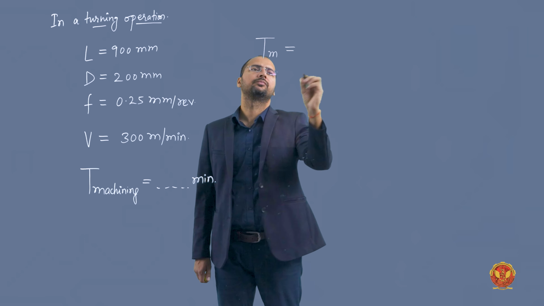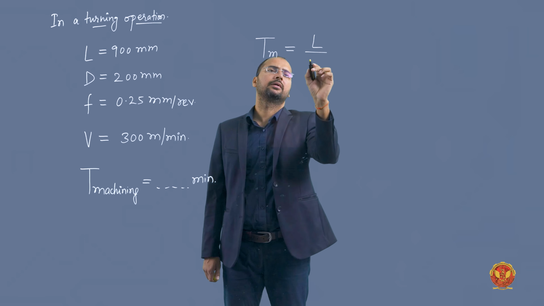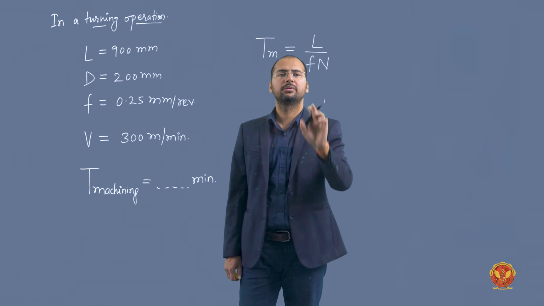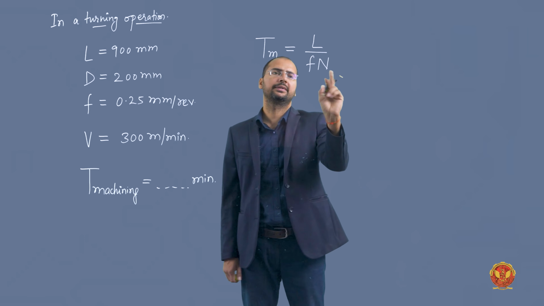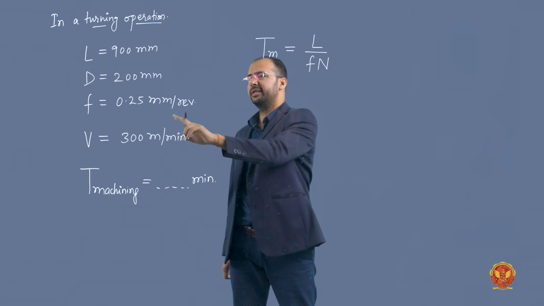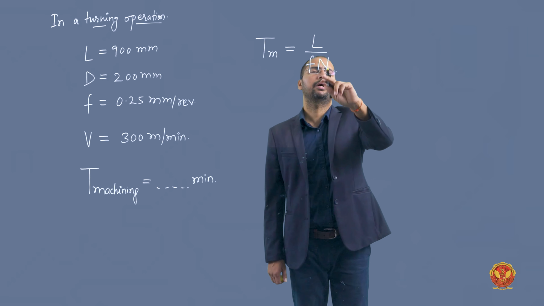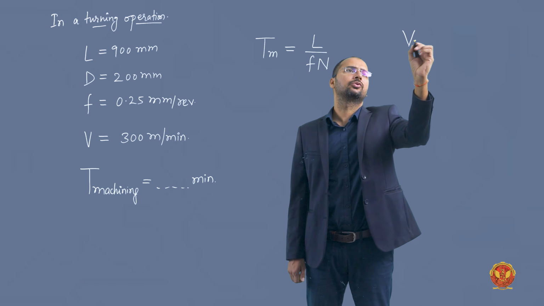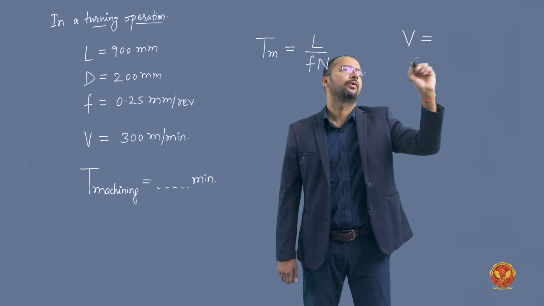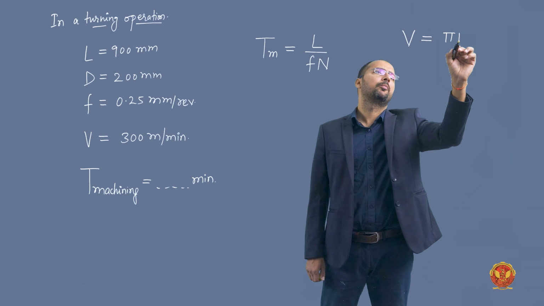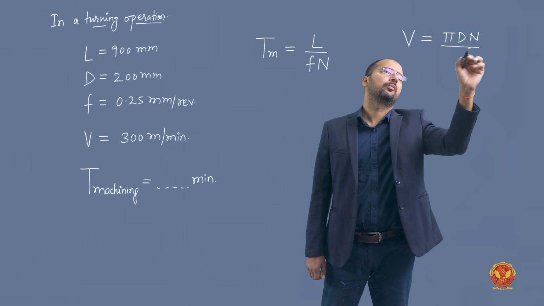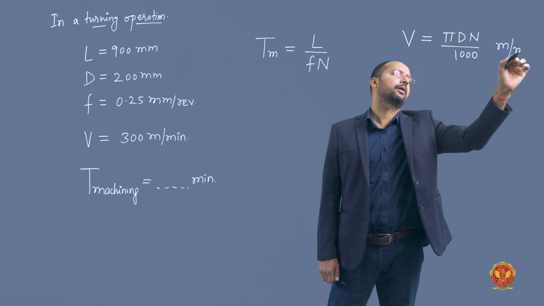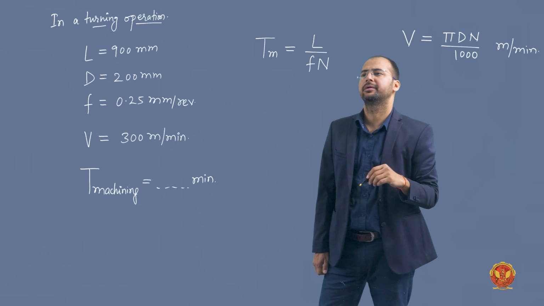Tm is equal to L by Fn. L is the length of the job, F is the feed, and N is the RPM. So in this question N is not given, so we will find out N by the help of cutting velocity formula. So V is equal to pi dN by 1000 meter per minute.